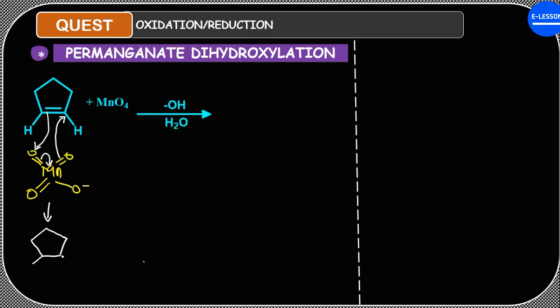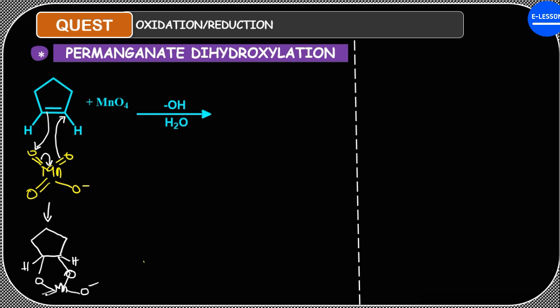So the manganate ester will be something like this. This will be the structure of the manganate ester. It's quite an easy one, but at the same time quite complicated. So we have the oxygen, and then here you have the manganese, Mn, with one oxygen here in the middle, and then of course you have O minus.